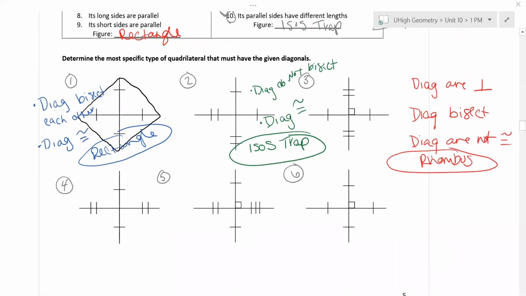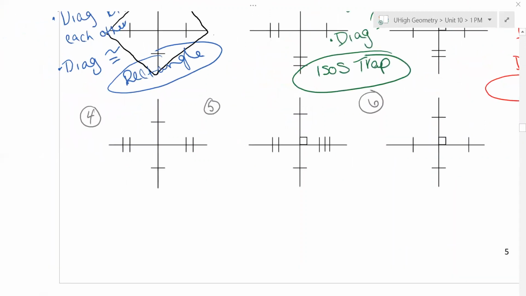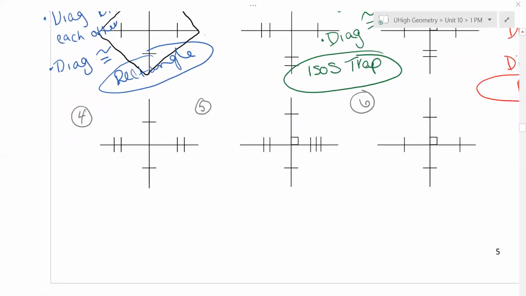All right, so number 4, let's take a look. Right now, what I see with number 4 is diagonals that bisect each other, and diagonals that are not congruent.